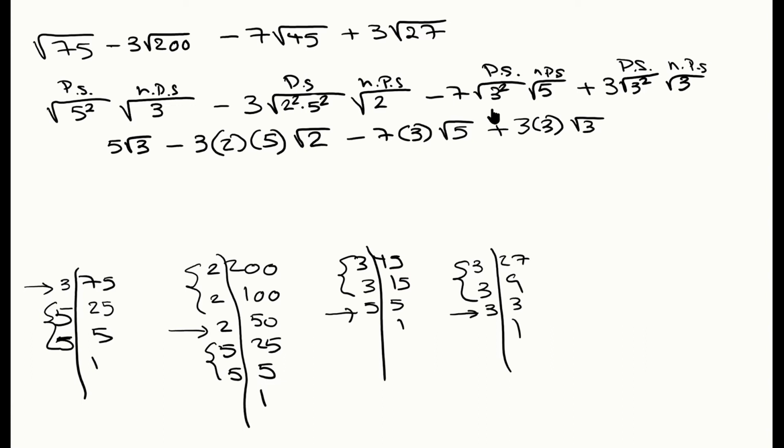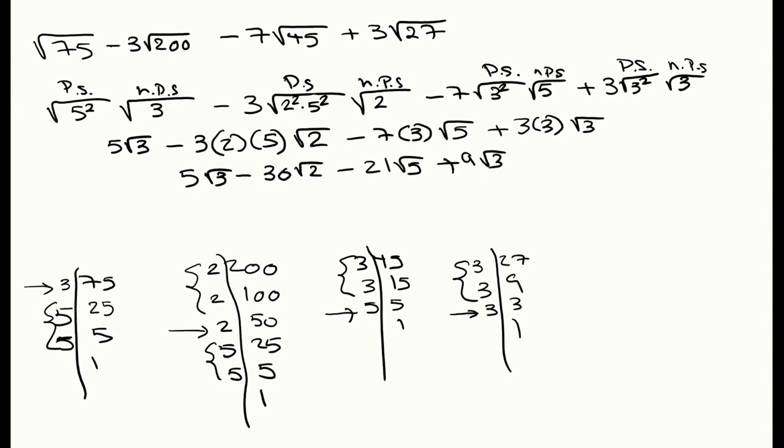So now we're just going to clean that up a bit. So we get 5 radical 3 minus 3 times 2 is 6 times 5 is 30 radical 2 minus 21 radical 5 plus 9 radical 3.